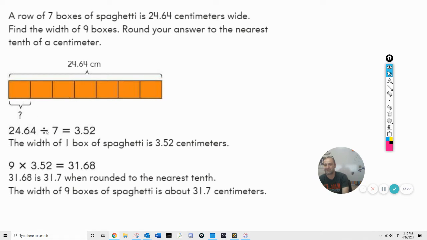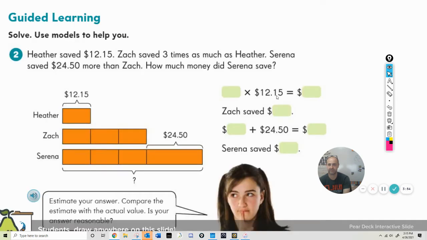To find 1 box, you divide by 7, and then you're going to take that figure and multiply it by 9. And then you're going to round your answer to the nearest tenth of a centimeter. If you ever find a situation in your life in which you're required to calculate the width of boxes of spaghetti to the nearest centimeter, find me, let me know, and I'll give you an ice cream cone. All right, excellent. Let's move on.